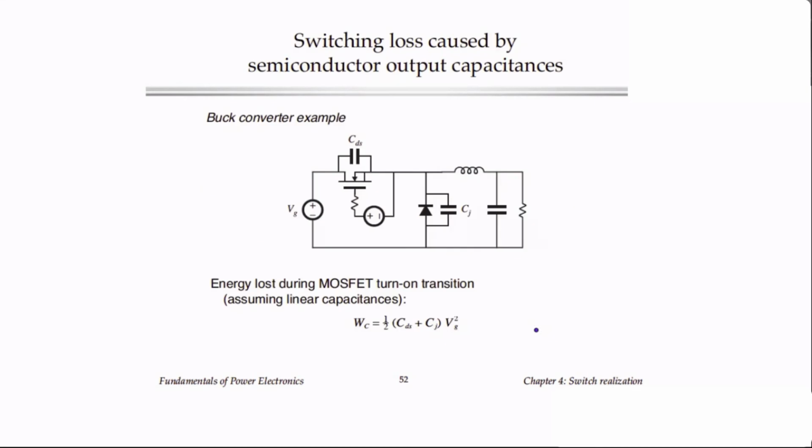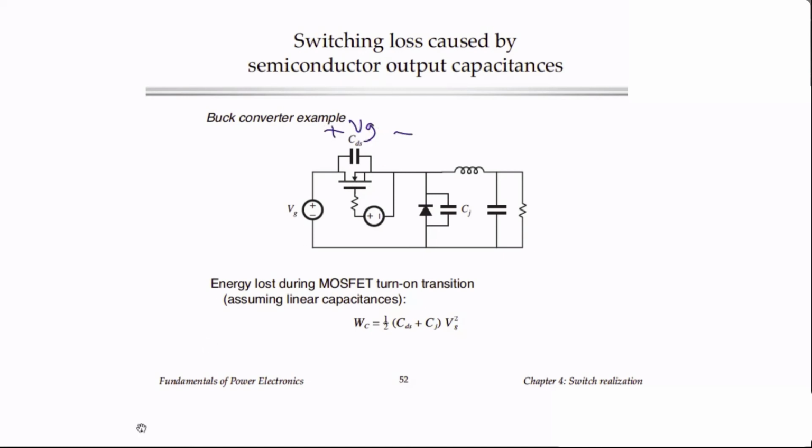Okay, these output capacitances of devices, such as the drain to source capacitance of the MOSFET and the junction capacitance of the diode, are another mechanism that can lead to switching loss. Basically, these capacitances get charged up with energy when there's voltage across them. So for example, when the MOSFET is off, we have VG across here.